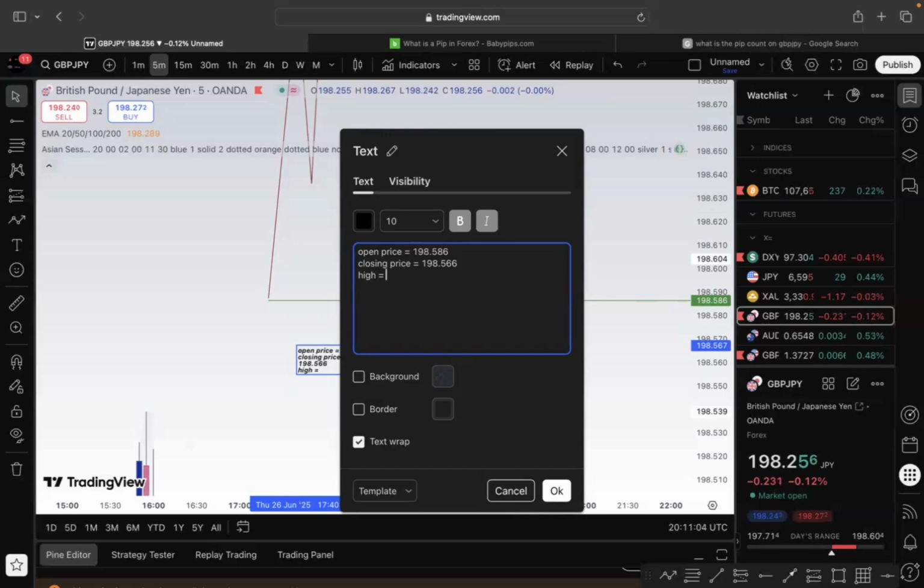Let's give the high 198.600. Maybe that's confusing, let me make it 198.596. And then the low would be, let's say, 198.526.